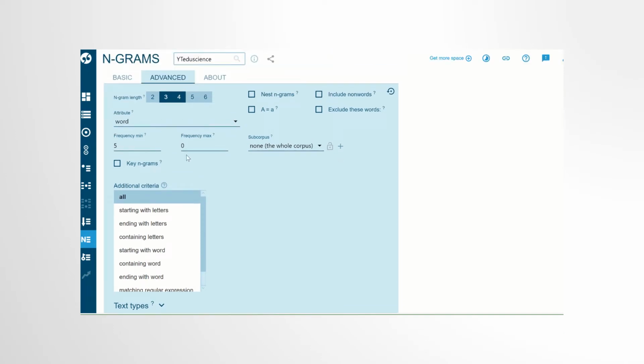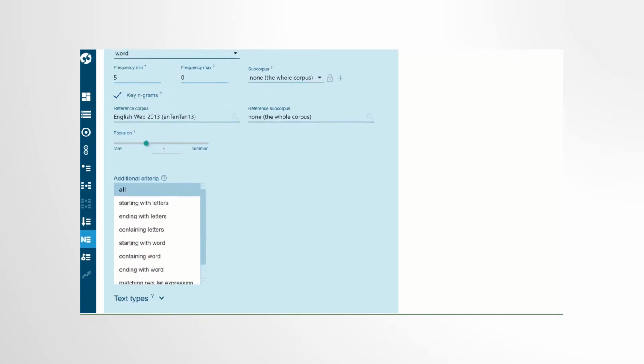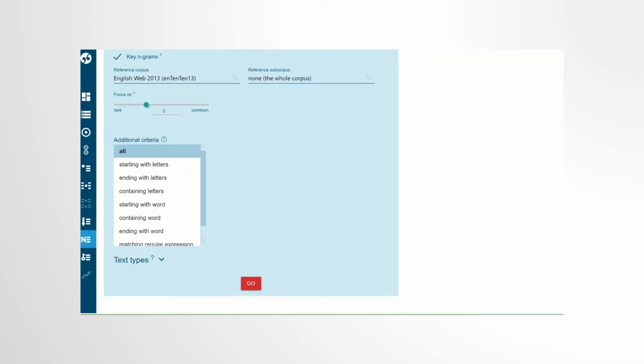And again, it might be particularly interesting to look at key engrams. Again, these are the ones that occur more frequently than will be predicted by random chance. Again, we're using the English Web Corpus as a reference corpus.